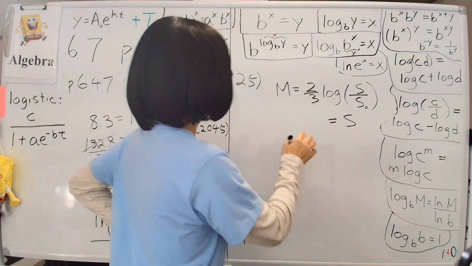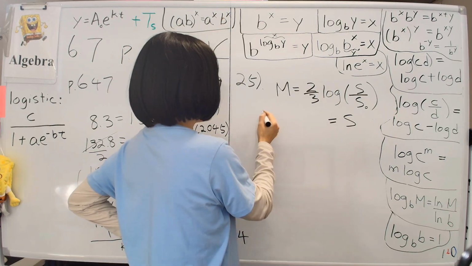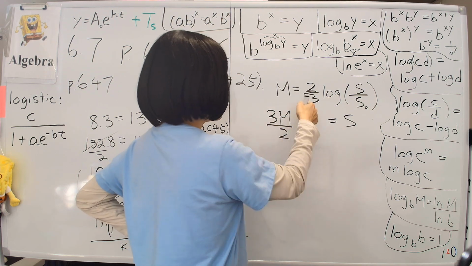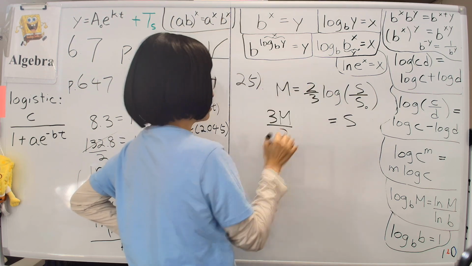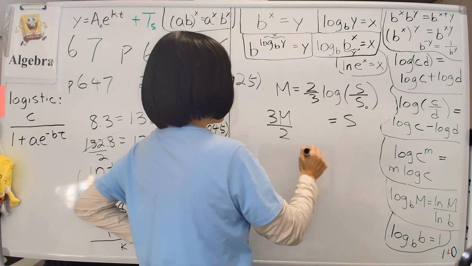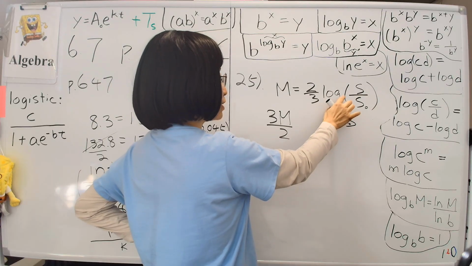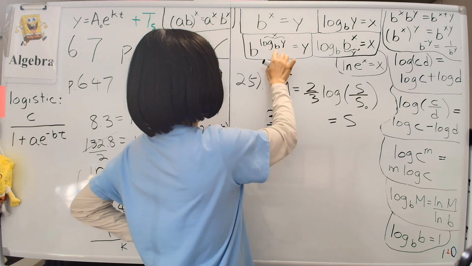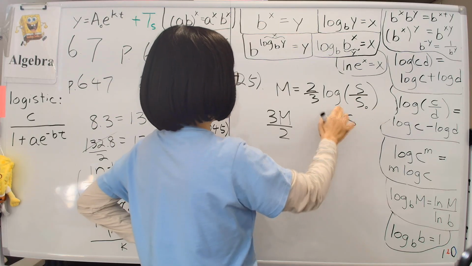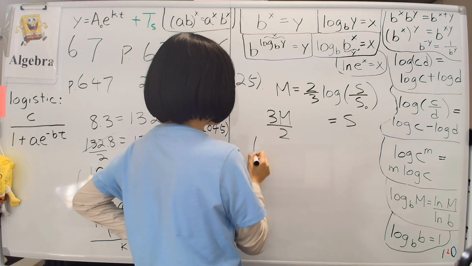To do that, first we can get rid of this, easy enough. That would be 3m divided by 2. Lift the 3 up, push the 2 down the division line. So far so good. Then we need to get rid of the log. Log without numbers means base 10, so we put a giant 10 down here to cancel out the log.